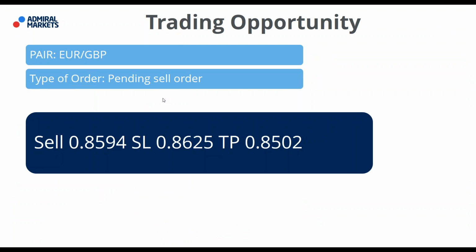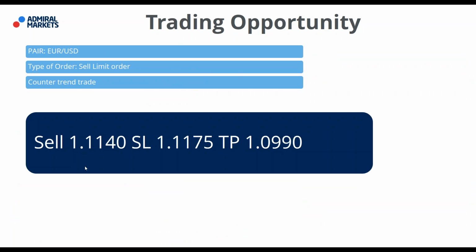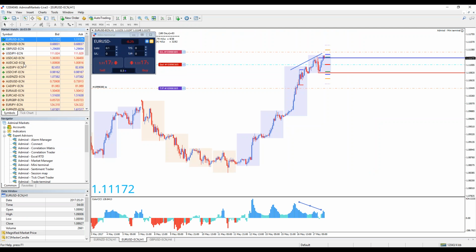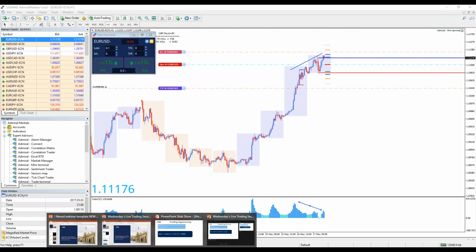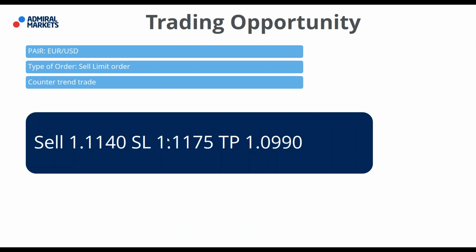So this is the trade that I will definitely do if the price gets to 1140, 45. Stop loss is 70, 75. And TP will be 1.0990. Because then I really don't expect that my trade will hit 1.0950. Probably will not.